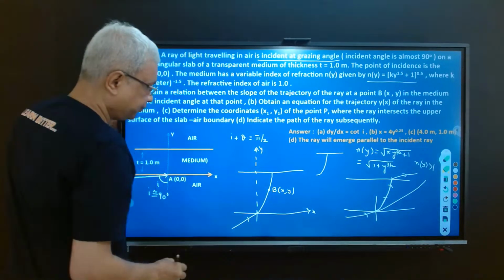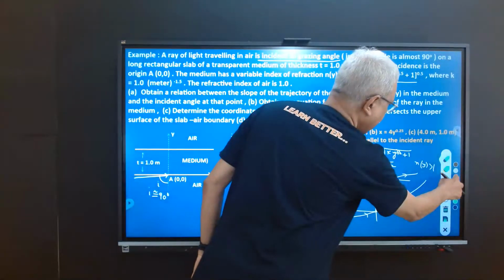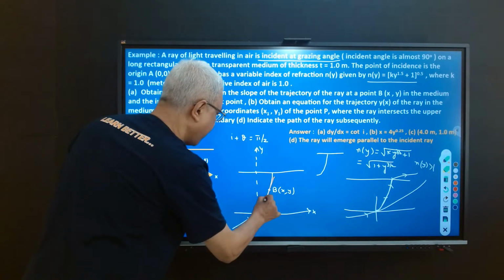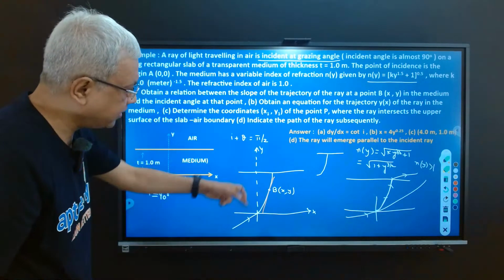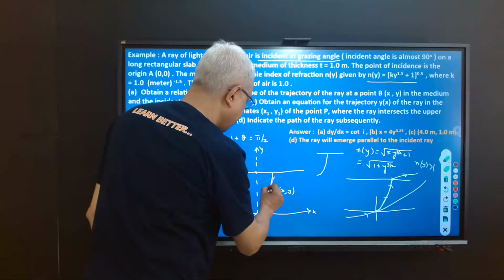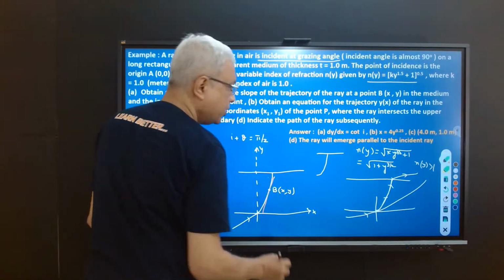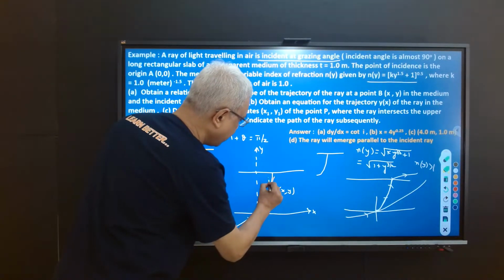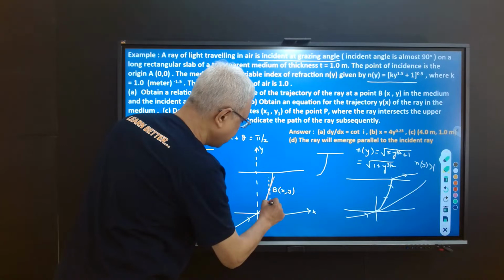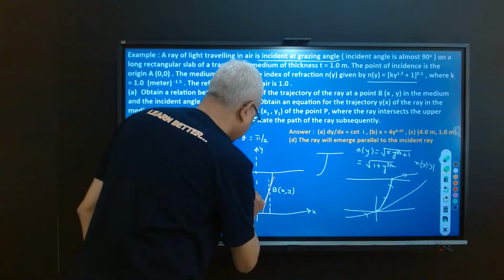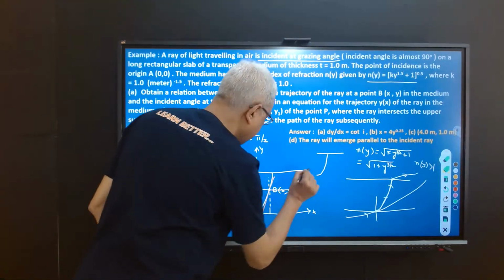Now what I do, I draw a tangent to the trajectory at the point B, and we draw a normal like this at the point B. The layers are like this.